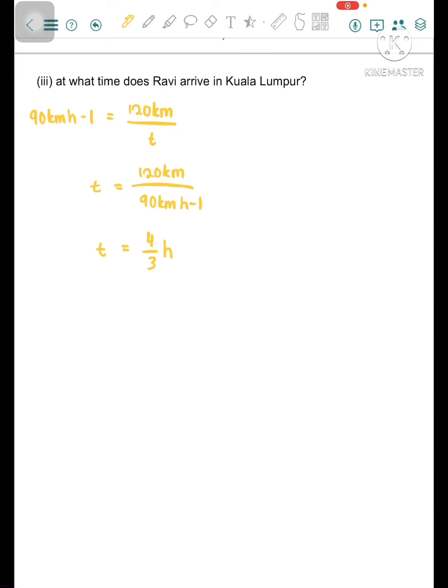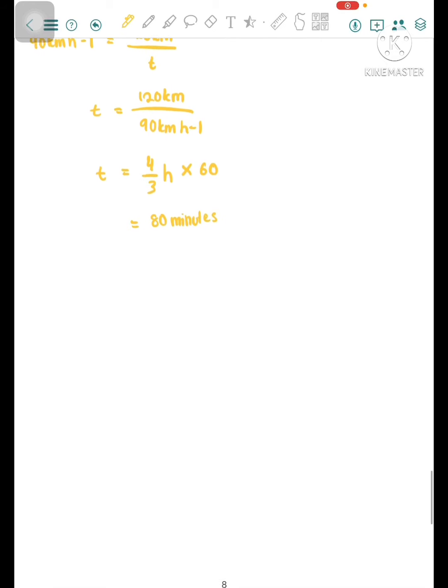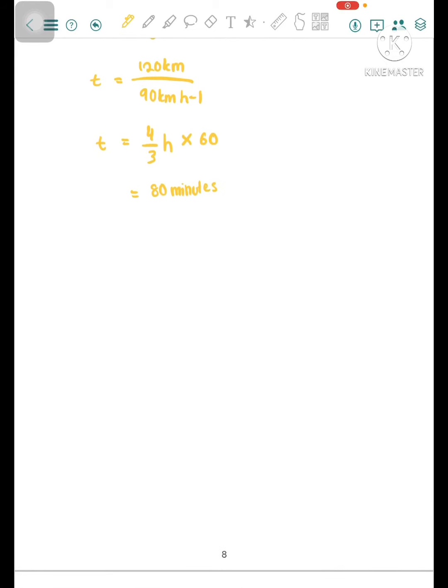Okay, then 4 over 3 h times 60 is equals to 80 minutes. We'll use the method of adding time, hours, minutes, hours and minutes.